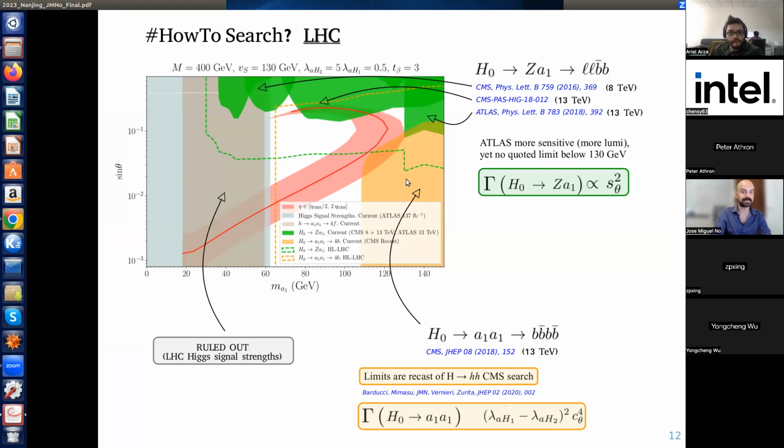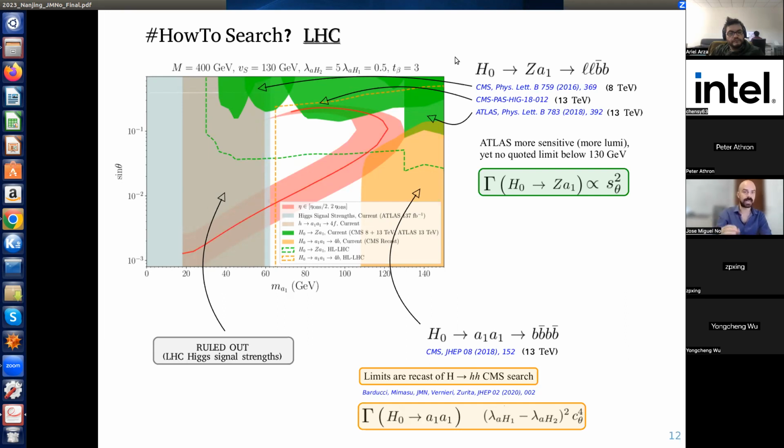This search is from a recast of resonant Higgs searches that we did three years back, and it turns out that you have sensitivity to this H0 to A1 A1 in a wide region of masses. There is no current sensitivity below, say, 100-ish GeV, but in the future, with the same search, there will be sensitivity down to maybe 60 or even below GeV. So it would be possible to cover the entire region of parameter space, for example, for this particular point here.